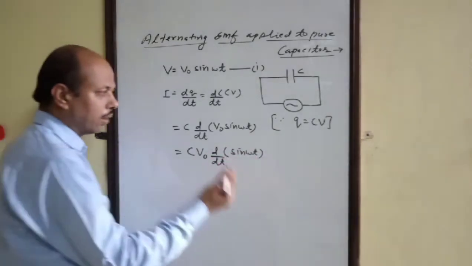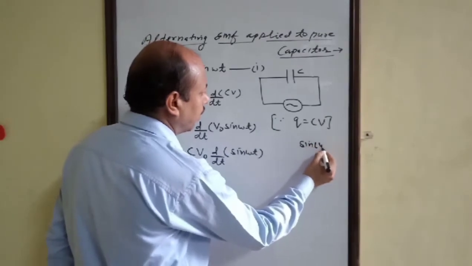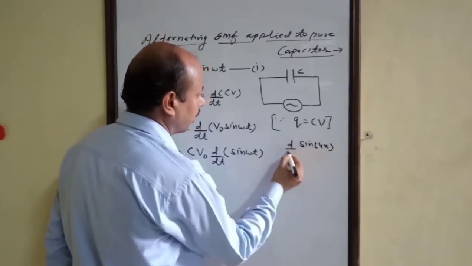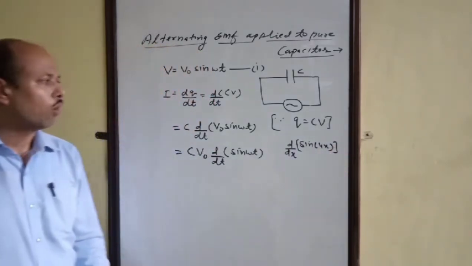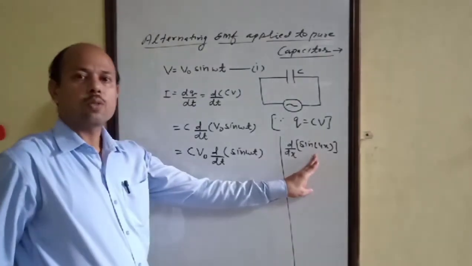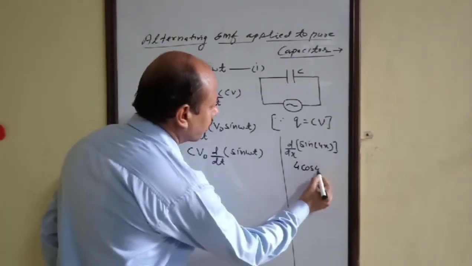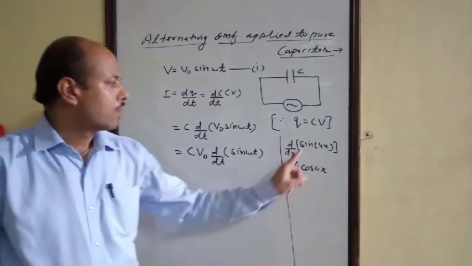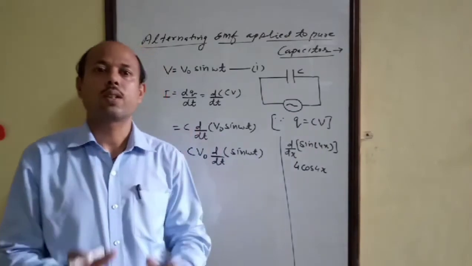I think you know the differentiation very well, but again I am discussing. For example, d by dx of sin 4x will be 4 cos 4x. If there were only sin x, the differentiation is cos x.